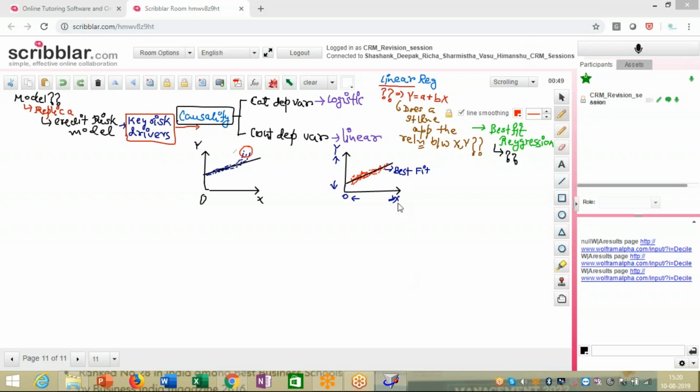Okay. Relationship between dependent and independent variable. Okay, fine. So what is the most basic assumption of linear regression? The most basic assumption.